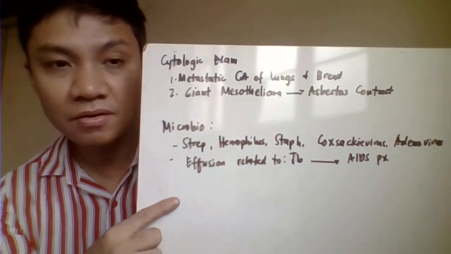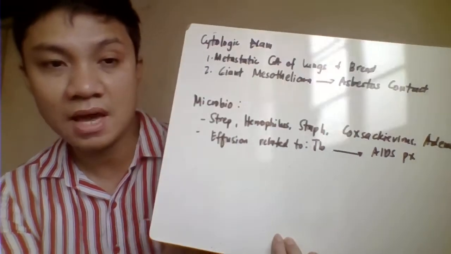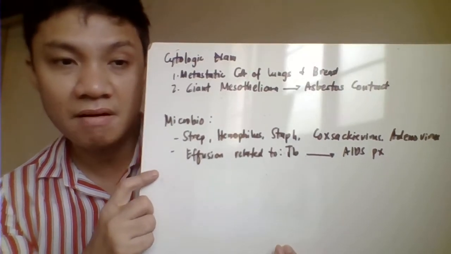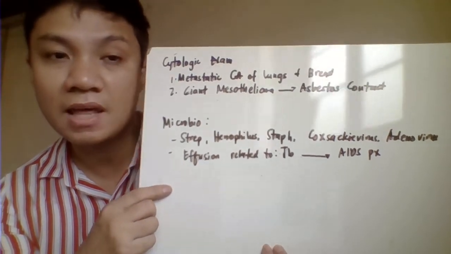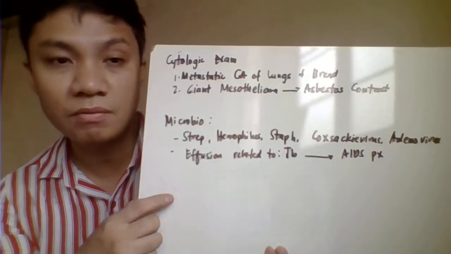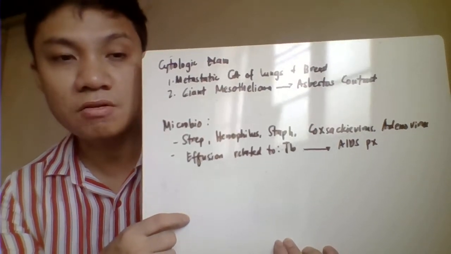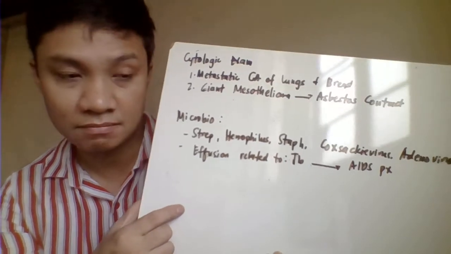For the microbiology, it might be related to bacterial endocarditis infection. It might be caused by the following bacteria: your staph, your strep, your Haemophilus, or even viruses like your adenovirus and Coxsackie virus. Sometimes, if it's related to tuberculosis, it may be because those patients have AIDS infection.